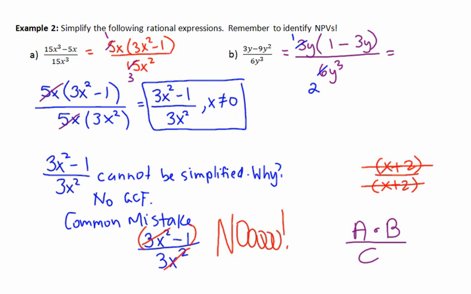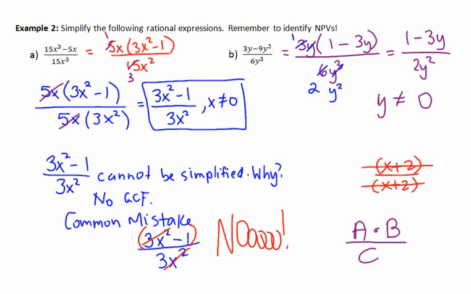Y divided by y cubed will be y squared on the denominator. In the numerator, do we have to write those brackets now that it's 1 times 1 minus 3y? No. 1 minus 3y divided by 2y squared. We have to state our NPVs. Y can't be equal to 0, since it's a monomial in the denominator with a y. So far, so good?